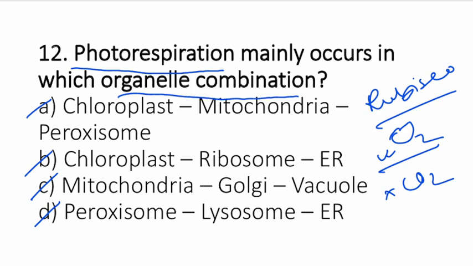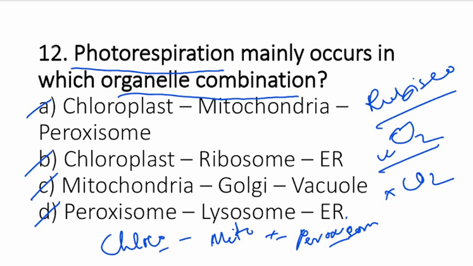If we recall the photorespiration pathway, we know that the three organelles are chloroplast, then peroxisome, mitochondria and peroxisome. These are the three organelles involved in photorespiration. So option A is correct.